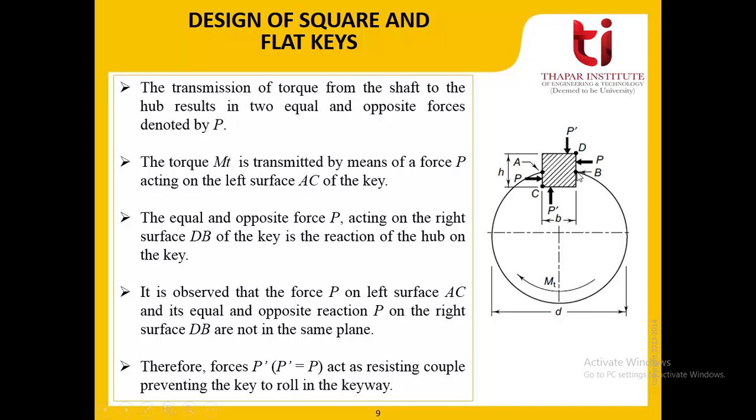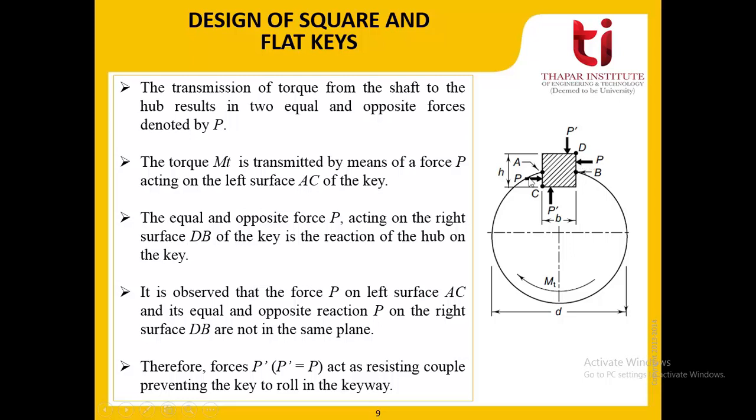This key will be subjected to this force P and this reaction from the hub. The force P is on plane AC, and the reaction from the hub is on plane DB. They will obviously be equal and opposite. But the line of action is not the same, since they are not acting in the same plane.